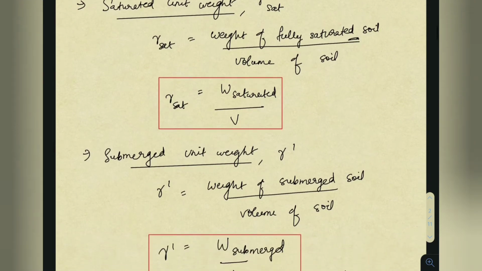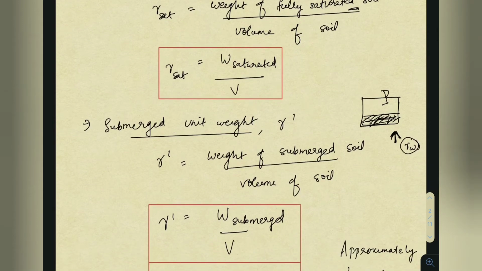Then submerged unit weight. Submerged unit weight means that there is a water table here and here we have solids. In this case, there will be an upward buoyant force that is equal to the weight of the liquid displaced by the solids, so gamma W acts upward.